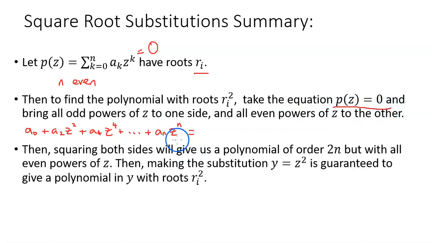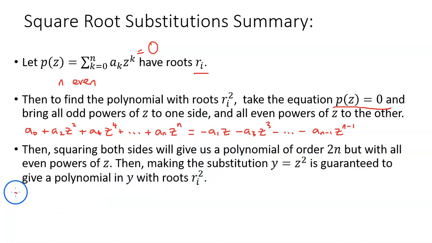So then on the other side, we're going to have all the odd powers. So it's going to be minus a1 z minus a3 z cubed minus dot dot dot, and then minus a(n minus 1) z to the n minus 1. And of course, we can factor out that negative.